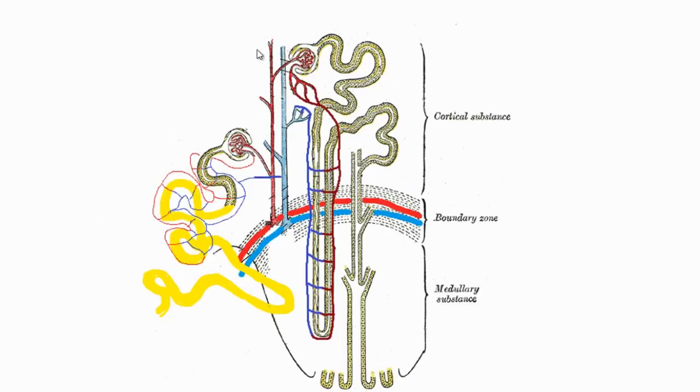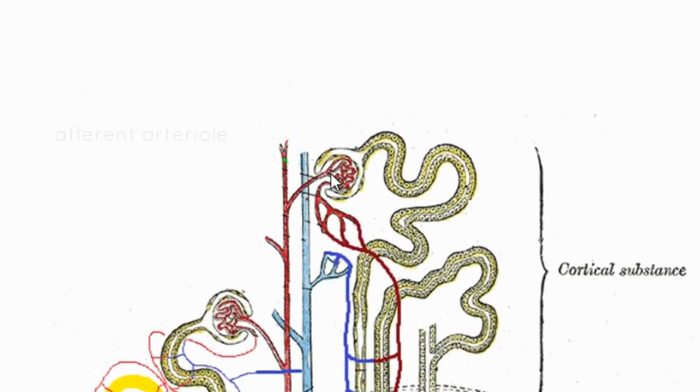So the interlobular artery gives off branches called the afferent arteriole, which forms the glomerulus, which is this network of capillaries contained within the glomerular capsule. So this capsule is called the Bowman's capsule or glomerular capsule. So these two structures combined, the glomerulus and the glomerular capsule or Bowman's capsule, form the renal corpuscle.